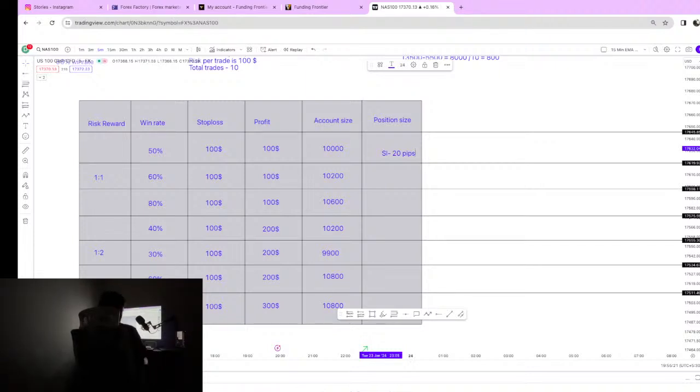So what will be your lot size? Tell me from your knowledge what will be your lot size. I have explained you previously how to calculate lot size and pips. So if your stop loss is of 20 pips and your amount which you can afford to lose is $100, how much is your lot size?